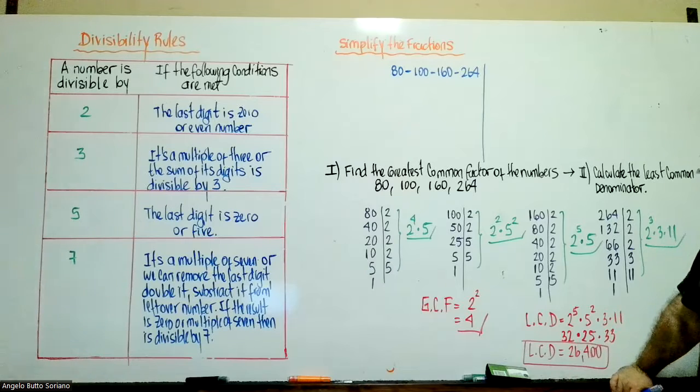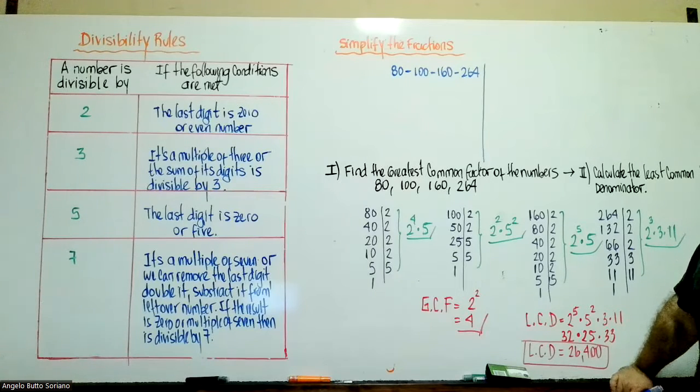Instead of performing the operation separately, I'll do it at once. For example, in this situation, the 4 numbers accomplish the rule number 1, divisible by 2, because some of them end in 0 and another one is an even number.